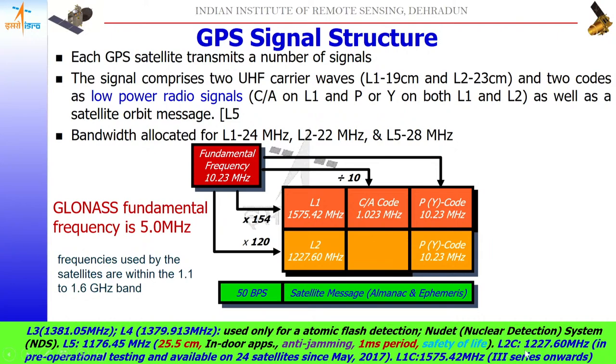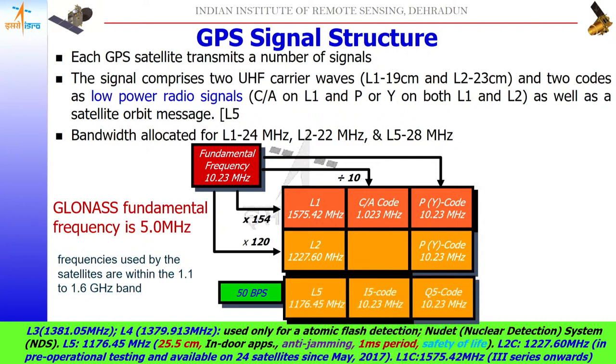L2C is 1227.60 megahertz, for pre-operational testing, and has been available on 24 satellites since May 2017. And L1C is 1575.42 megahertz, coming with the new generation of GPS satellites. Here is L5 at 1176 megahertz, and it also has the same fundamental frequency.